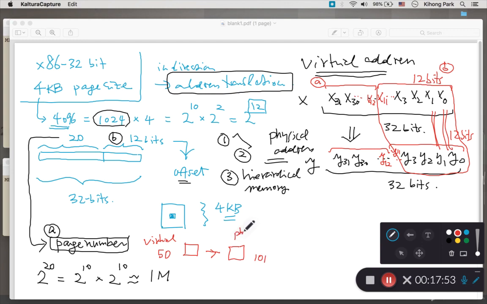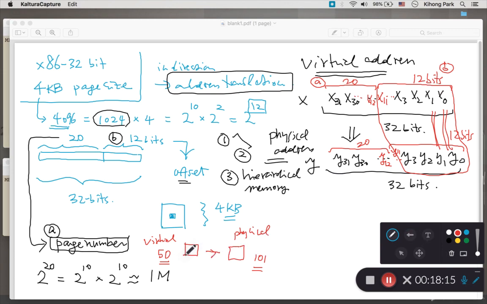So that's the physical memory. Then that means this must be changed to this, which means these 20 bits, X12 until X31, must be translated to these 20 bits, which is Y12 until Y31, because their page numbers are different.